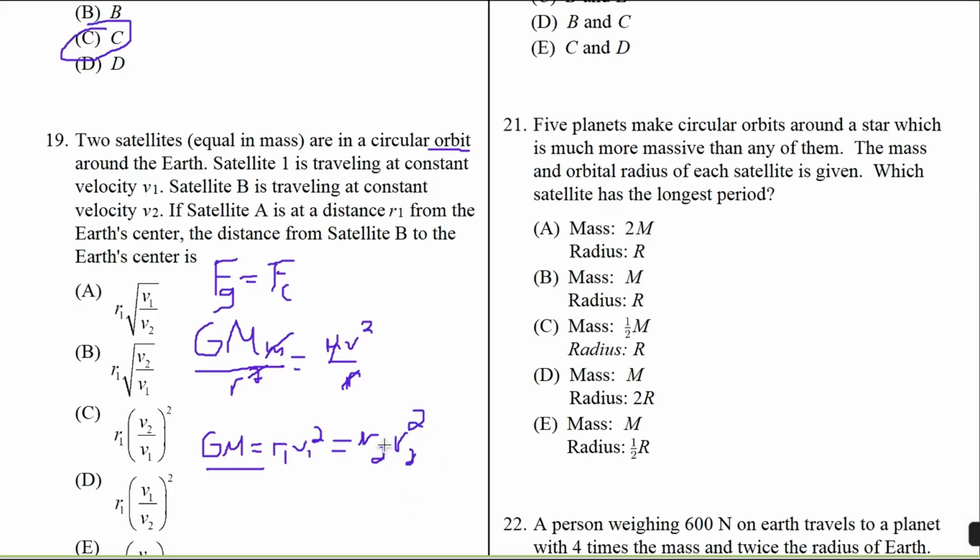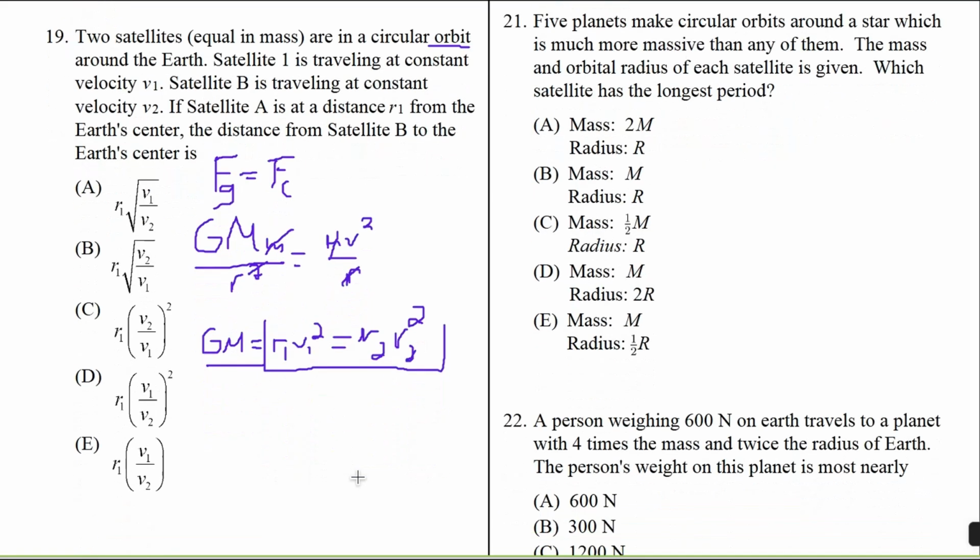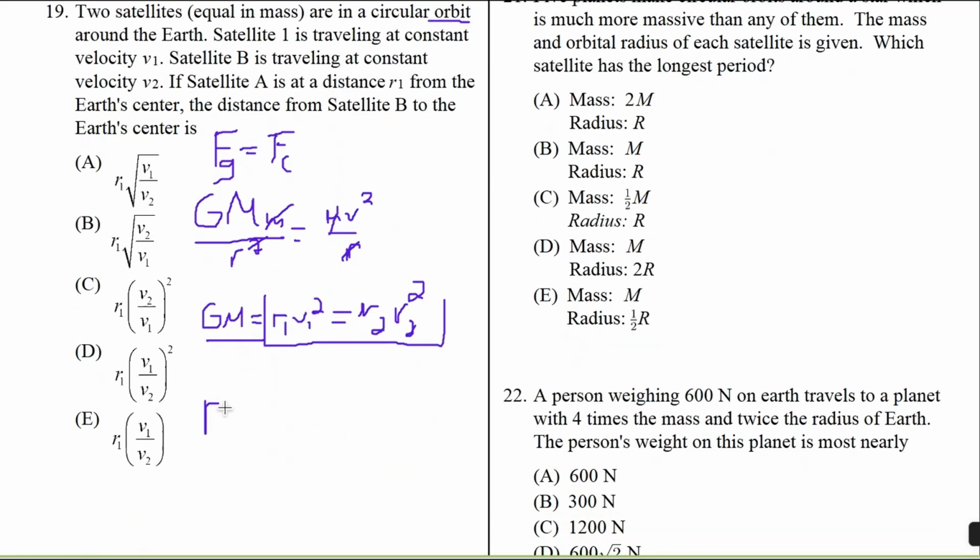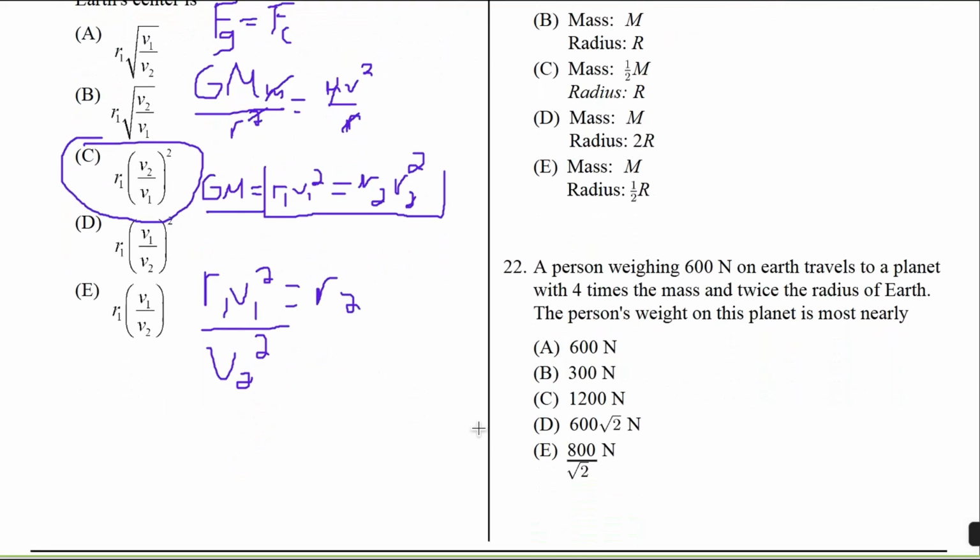So solving this equation, we end up getting that r1 v1 squared equals r2 v2 squared. Divide the v2 squared over here, and we end up getting r1 over r2 equals v2 over v1, all underneath an exponent.